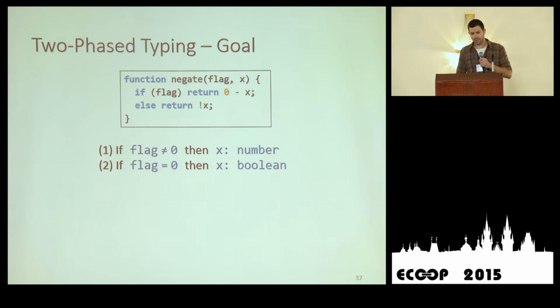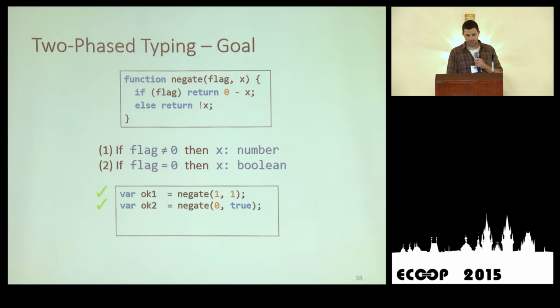And the developer's idea here is that if flag is non-zero, then x really needs to be a number so that it will fall under the first branch of the conditional. Otherwise, if flag is 0, then it is supposed to be Boolean. So there is this invariant that needs to hold.